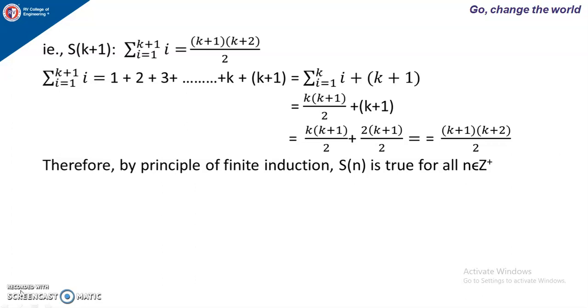If you consider the LHS, it becomes 1 + 2 + 3 + ... + k + (k + 1), which is nothing but the summation i varies from 1 to k of i, plus (k + 1). From the previous proof, we know that the summation i = 1 to k of i is equal to k(k + 1)/2, plus (k + 1), which is equal to (k + 1)(k + 2)/2.